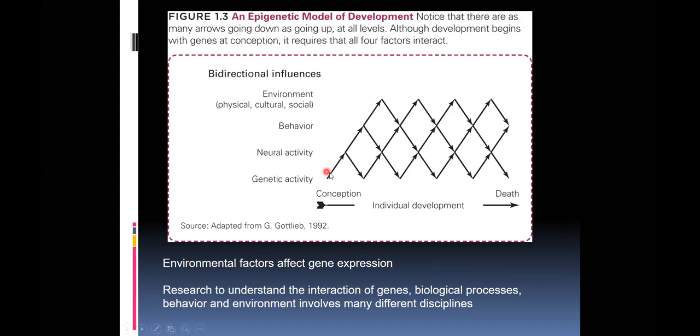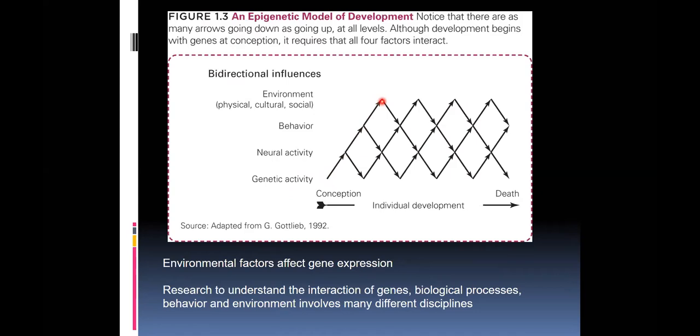So this can then go on at a number of different levels. And looking at it from one view, various genetic activity can then lead to developments in our nervous system and brain that influence our behavior, in turn potentially influencing the environment around us that we experience.